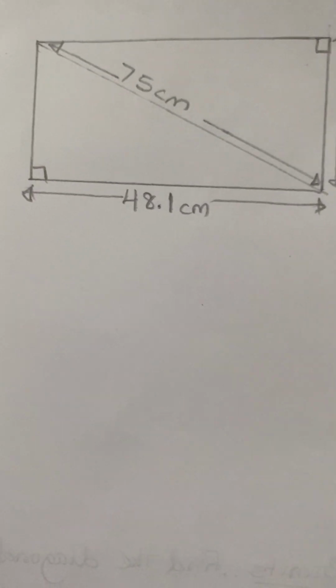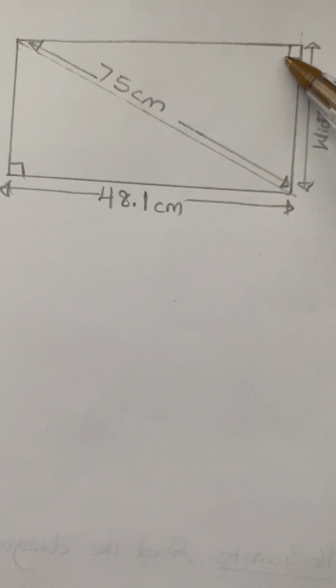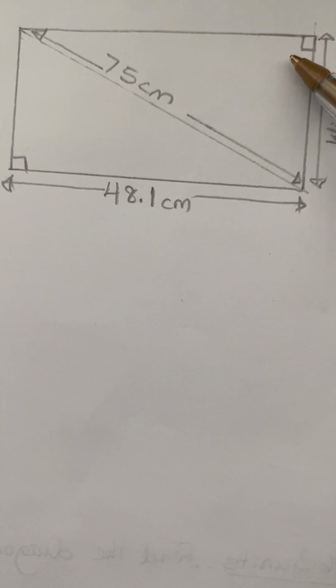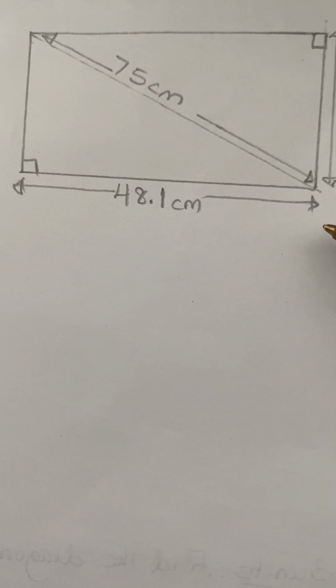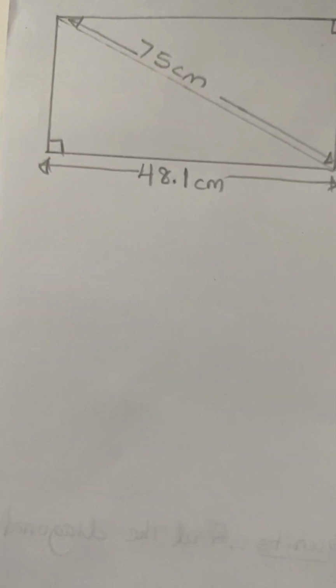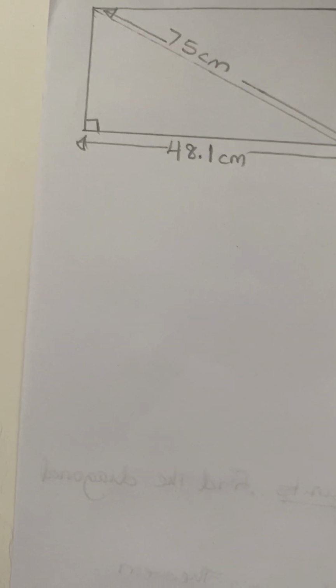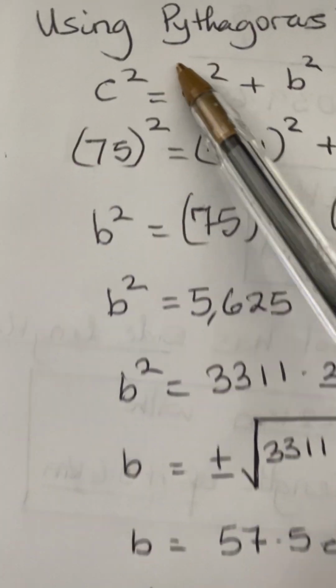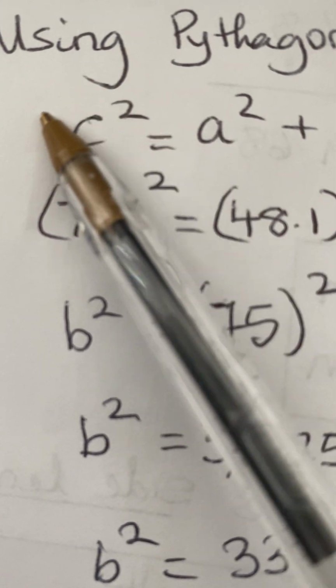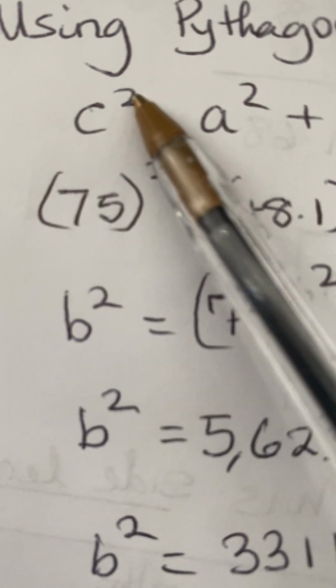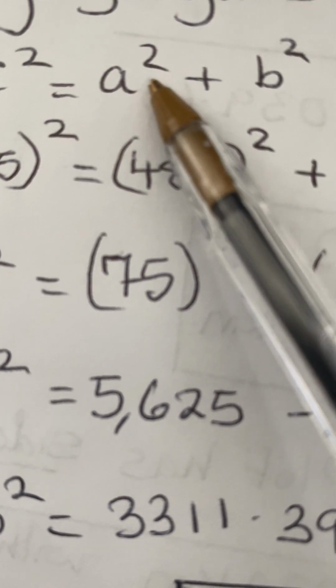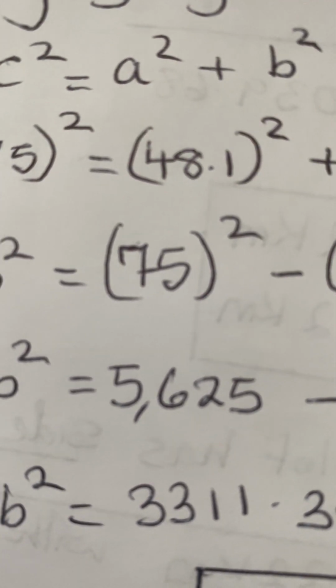Now this is our right angle at 90 degrees, and that's at 90 degrees. We know the diagonal, we know the length, so we can find this side, so we can apply Pythagoras. Pythagoras again says the hypotenuse, the diagonal, equals a squared plus b squared.